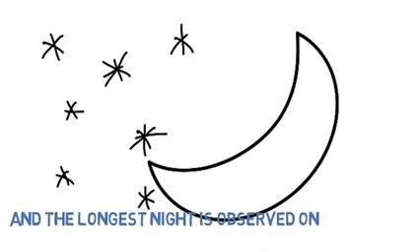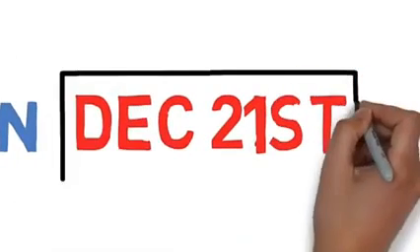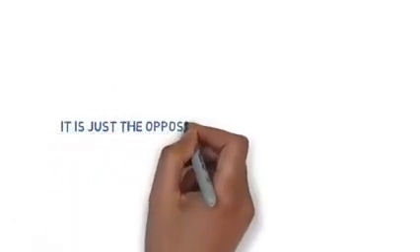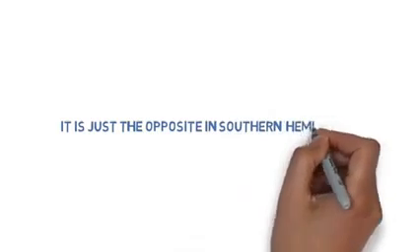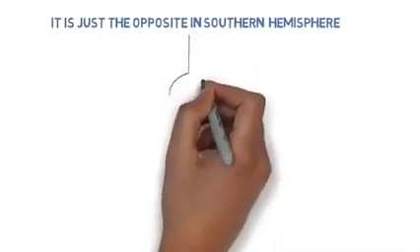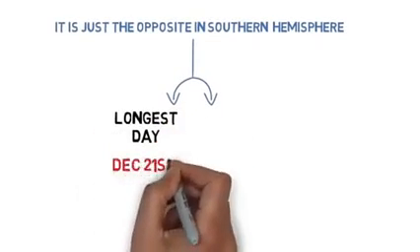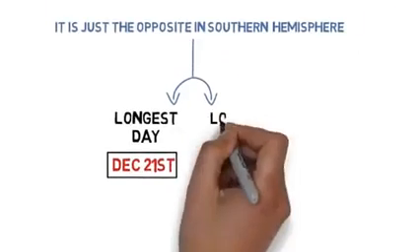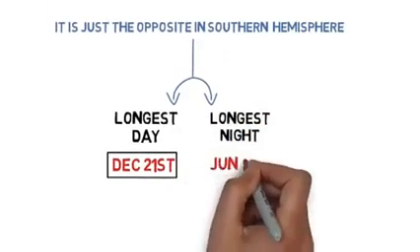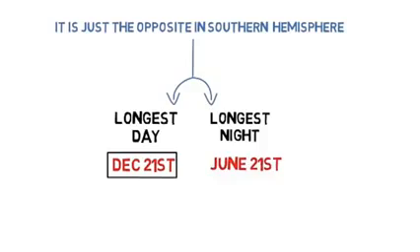You can verify these facts by noting the time of sunrise and sunset on these dates. It is just the opposite for Southern Hemisphere. The longest day for Southern Hemisphere is observed on December 21st. And the longest night is observed on June 21st.